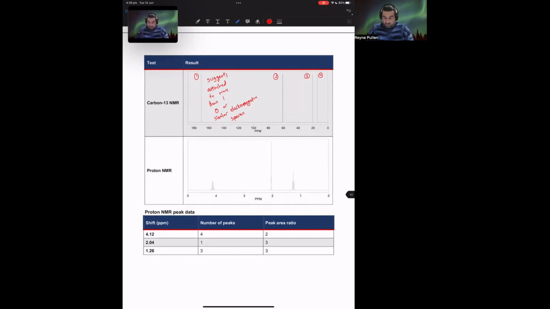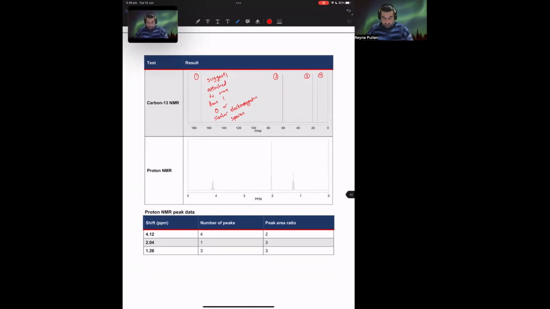Down to peaks 3 and 4, we see they're roughly around 20 ppm. So for these, it's suggesting to me that they're not so close to electronegative species. So they're going to be maybe more of a tailing off end to a compound, or something that's a bit removed away from something that's electronegative. We can also think about the heights of these. They're all about the same.